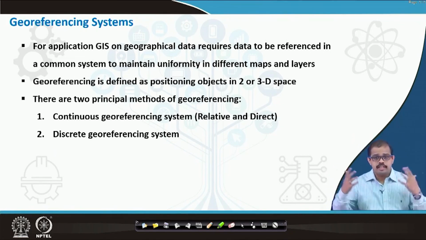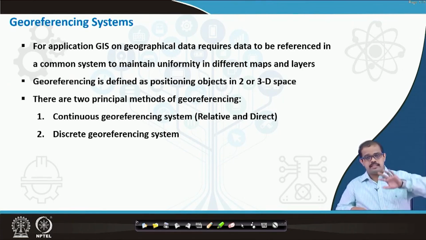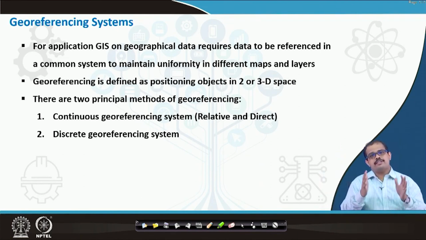If all three of these maps have to be compared, they have to be in the same referencing system. Otherwise one map sits somewhere on the earth's surface, whereas the other map may sit somewhere else, so comparative analysis of all three maps would not be possible. If it has to be possible, they have to be in the same georeference style.